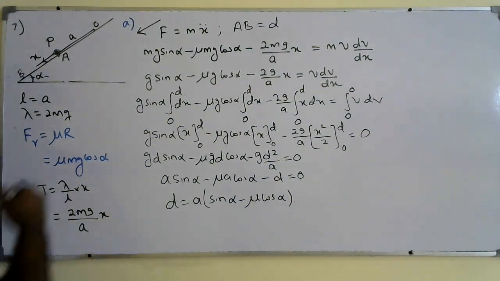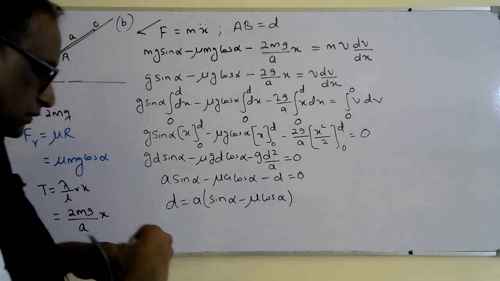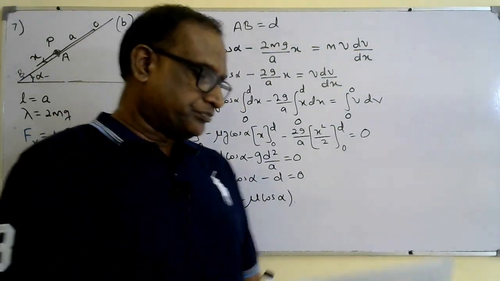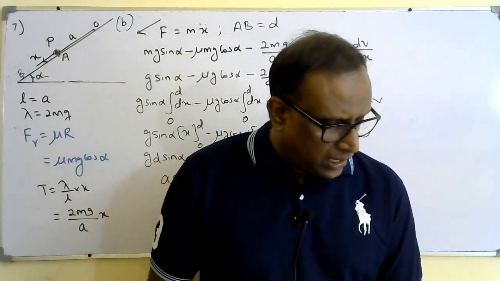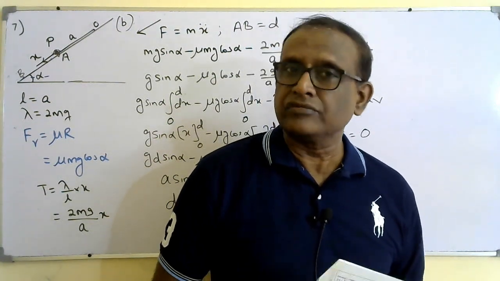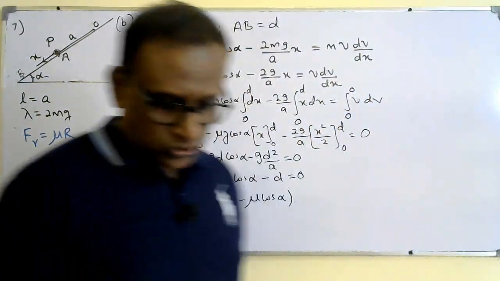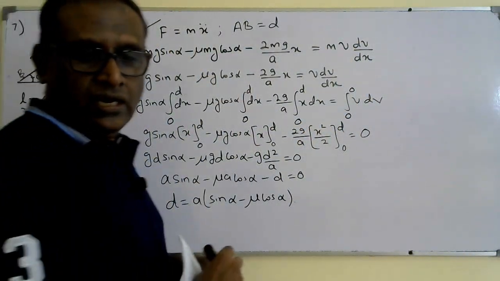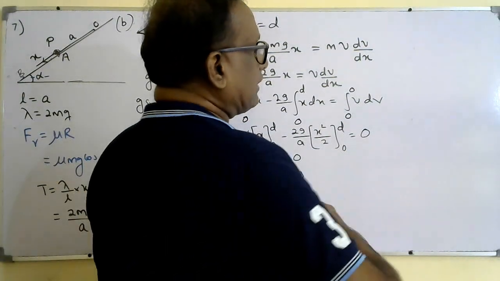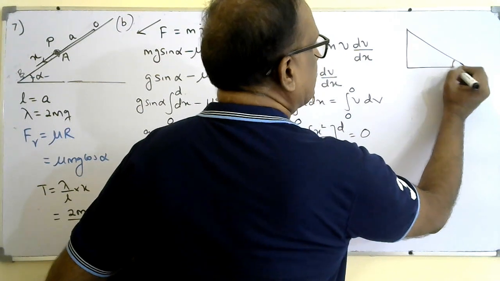Okay, so part b now. They are saying in the question that tan alpha equals 3 by 4. If tan alpha is given, we can find sin alpha and cos alpha also. It's not a big issue. Tan alpha means you can imagine a right-angled triangle, this is alpha.